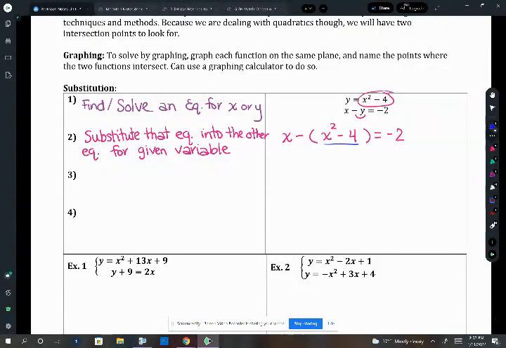Then we're going to solve. The majority of the time, because we have a quadratic, we're going to end up with a quadratic equation, and so we're going to have to factor and solve. We substitute our value in, and then solve for our variable.